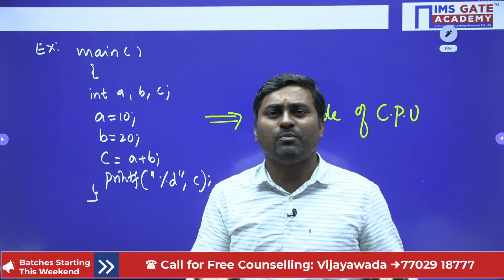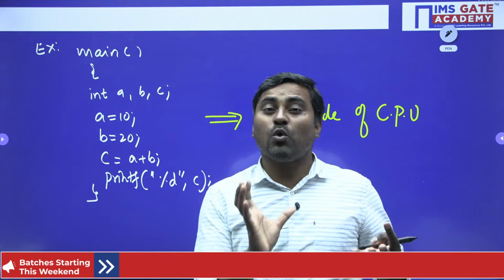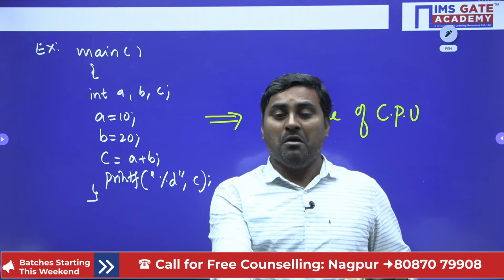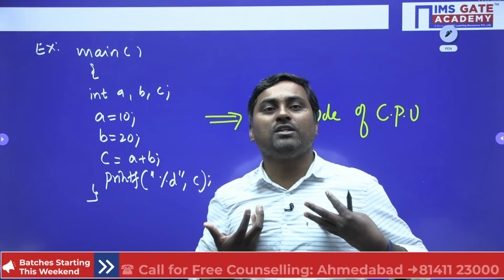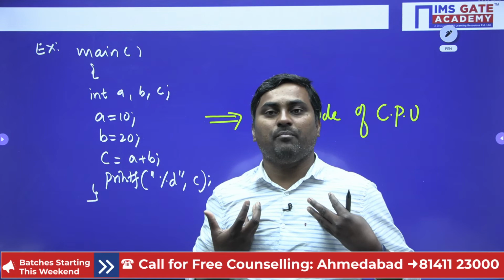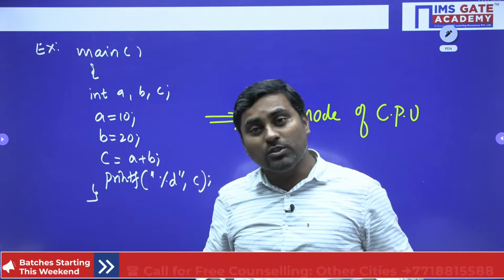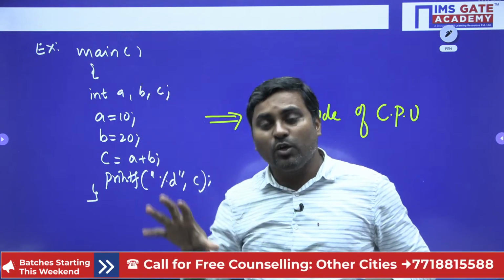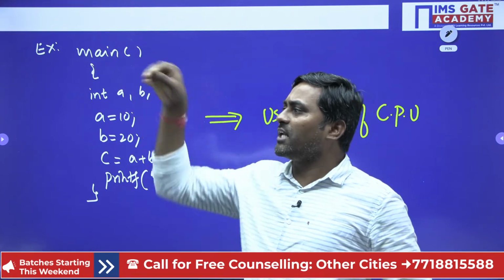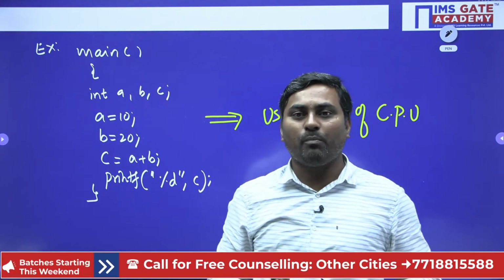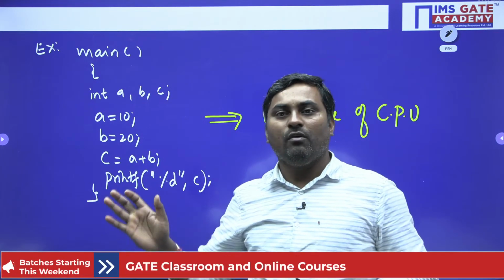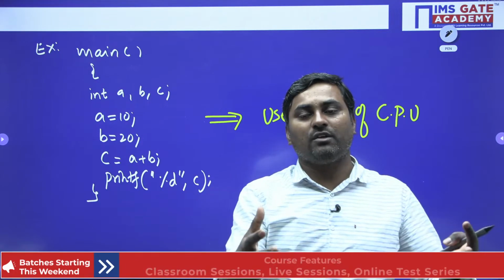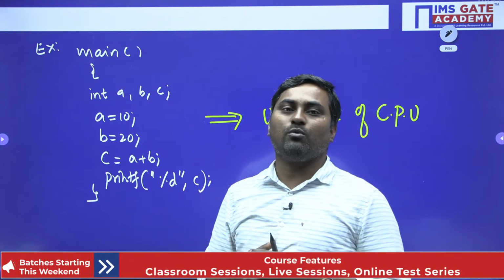We take the service from the operating system, but the service code will run in kernel mode only, while my application runs in user mode only. Wherever you have written a service code that must be taken from the operating system, you jump from user mode to kernel mode, take the service, and come back to user mode. This will happen.